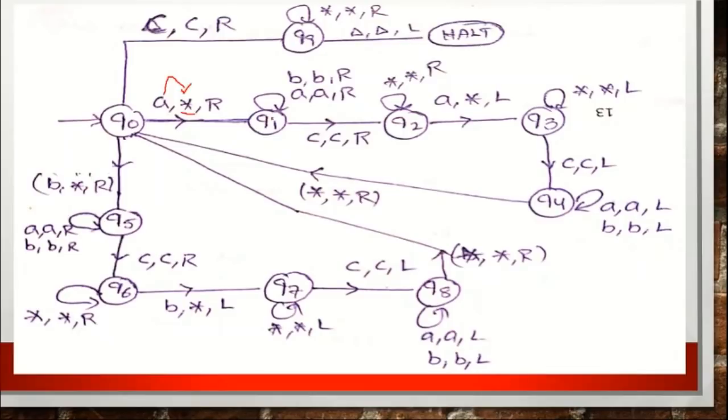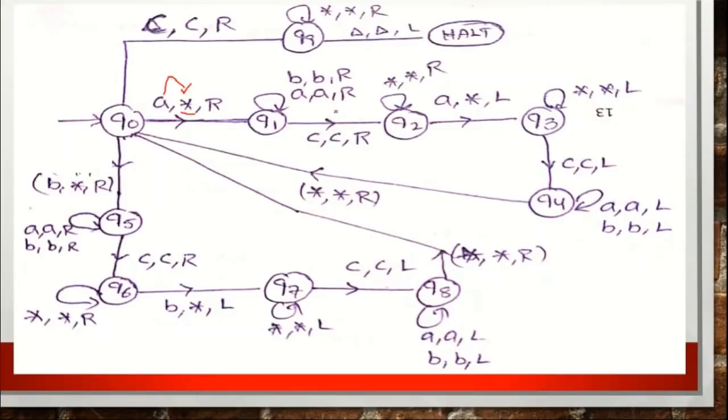Next, in this process, whenever we are marking some input symbol as star and then moving right, we can read any number of A's and any number of B's, and we should not perform any operation. Simply move to the next input symbol, to the right side, up to C as the input. So when we read B as the input, no marking is done and move right. When we read A as the input, no marking is done and move right.